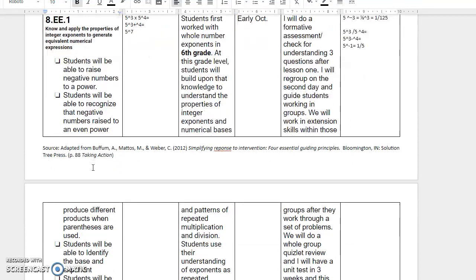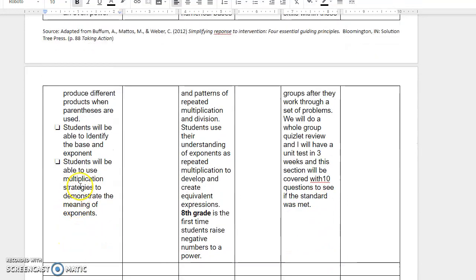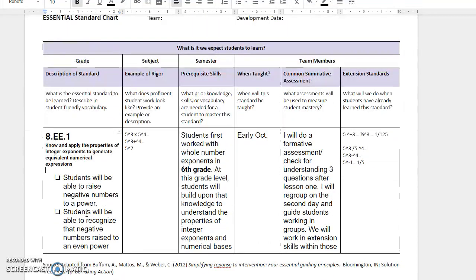Students will be able to recognize that negative numbers raised to an even power produce different products when parentheses are used. Students will be able to identify the base and exponent, and students will be able to use multiplication strategies to demonstrate the meaning of exponents. So those are my I can statements with that standard. I'm sure if you ask the math department, they may have a few more. That's what I took from breaking down that standard last evening.